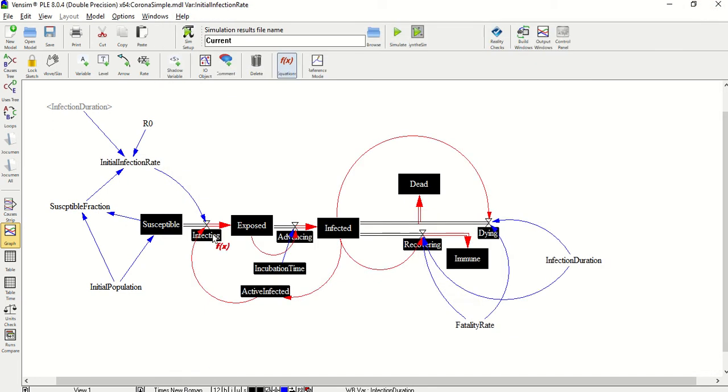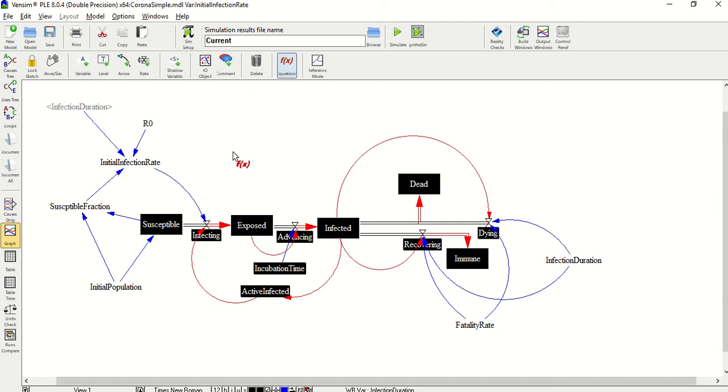So if the infection duration is 10 days and R0 is 3.3, then your base infection rate is going to be 0.3 per day. It's not necessarily constant like that. In this disease, you're way more infective early on than you are later on, which is one of the reasons it makes it hard to stop infections.